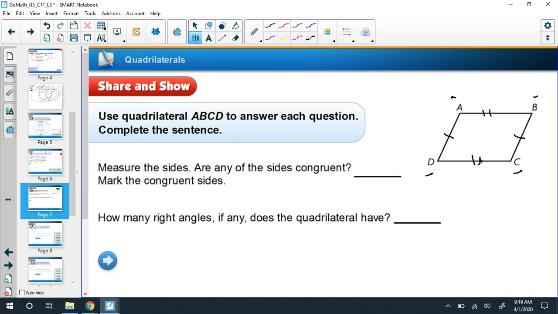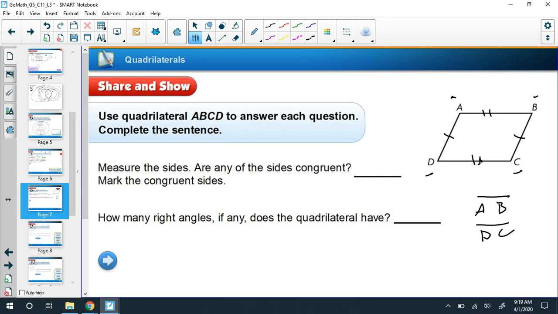Because the opposite sides are congruent, that means that side AB is going to be parallel to side DC, and side AD is parallel to side BC.